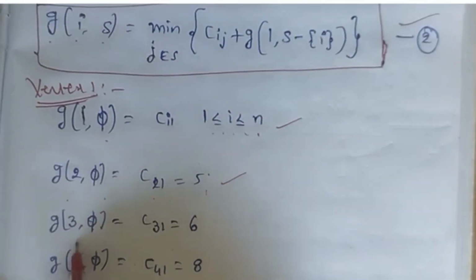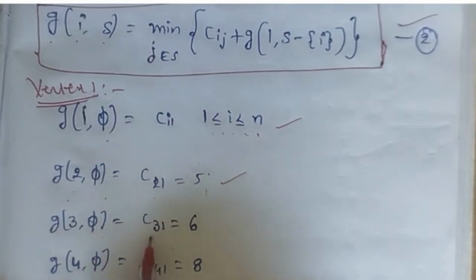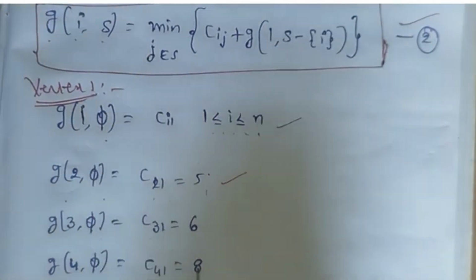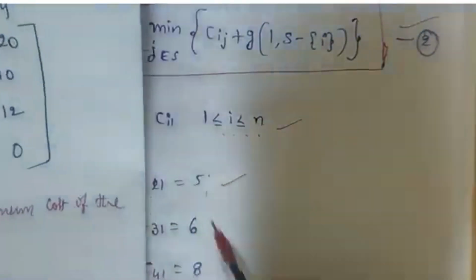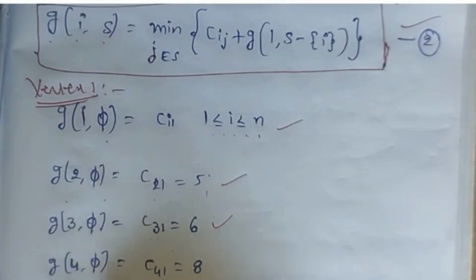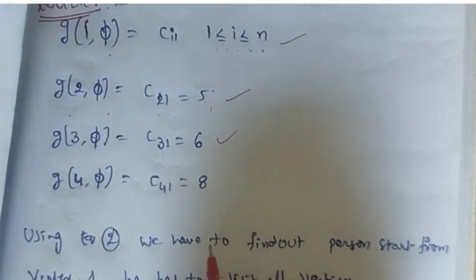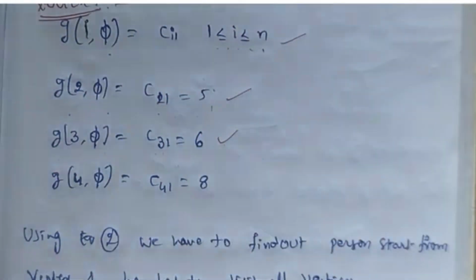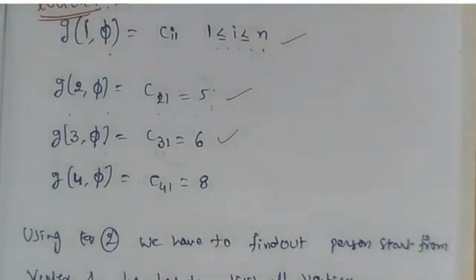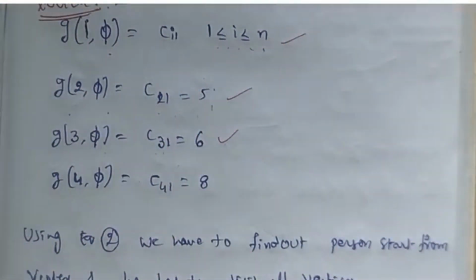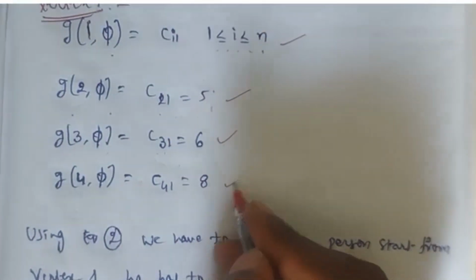And G of 3 comma phi equals C of 31. What is C31? That equals 6. Okay, next, G of 4 comma phi. What does G of 4 comma phi mean? G of 4 comma 1. What is the 4 comma 1 value? It is 8. No, actually this is wrong, this is the 8. Okay, this is 8.